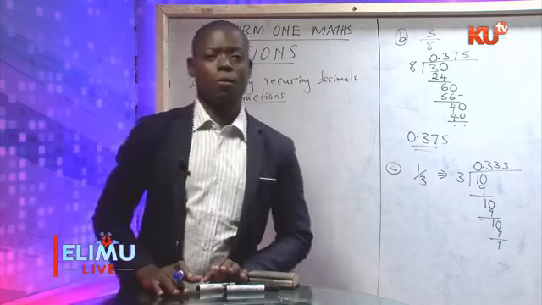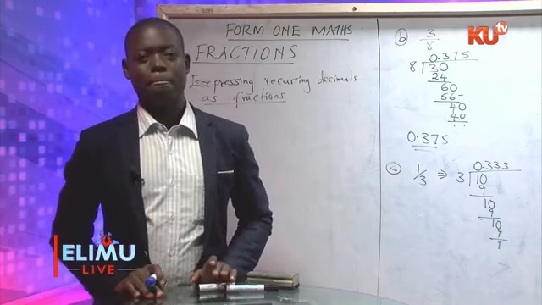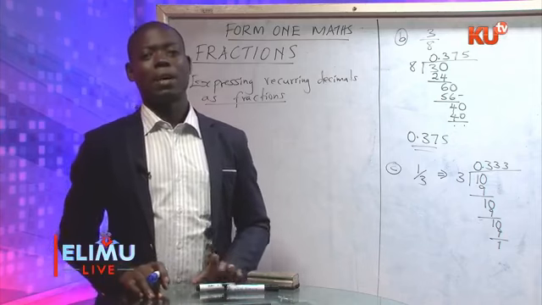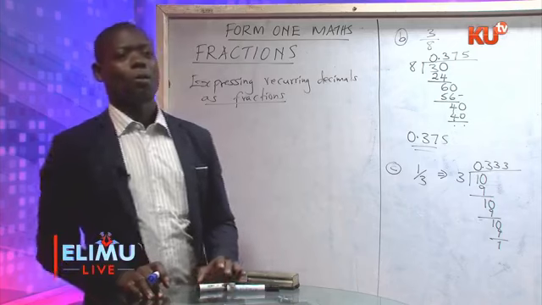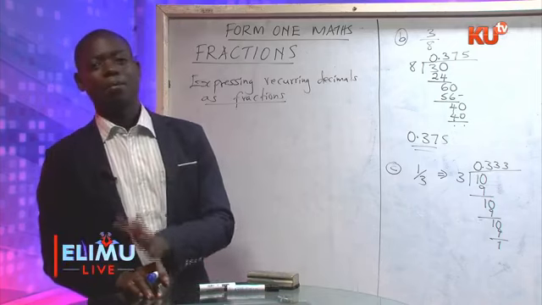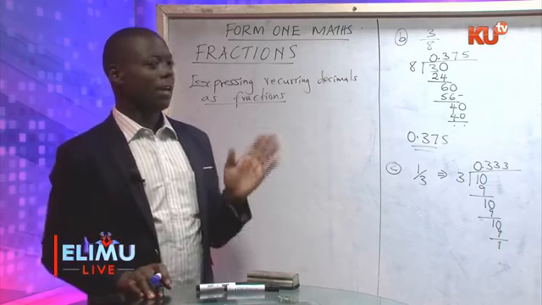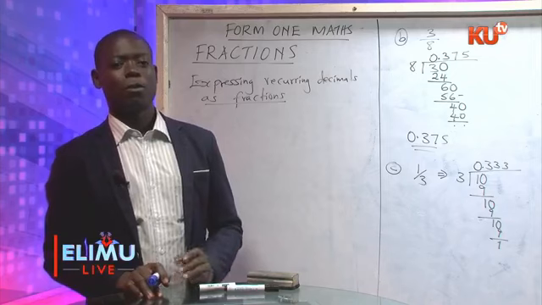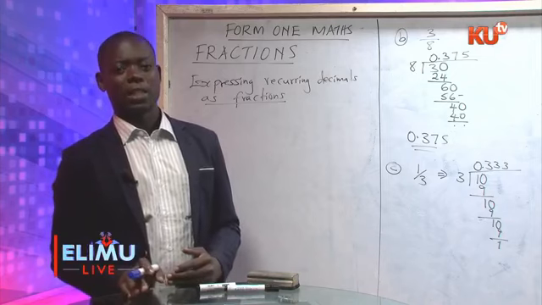Now you will need to note that in the topic decimals, we give what we call place value of decimal numbers. Remember, a decimal number is a number that has two parts: the whole number part and the decimal part. At the beginning of the decimal part, we give place value from the 10th onwards.